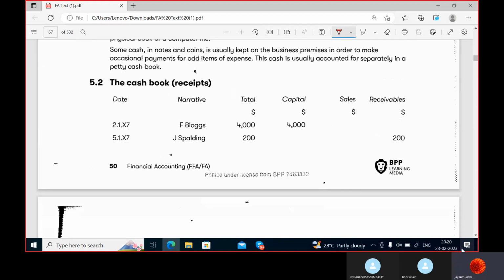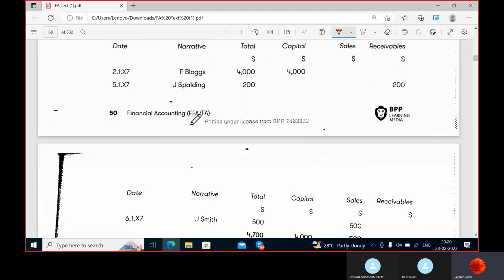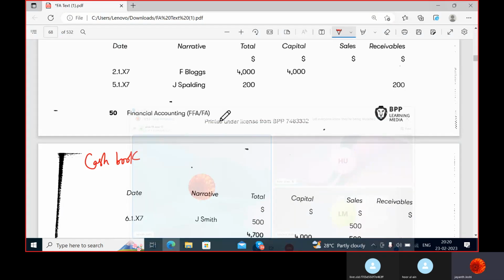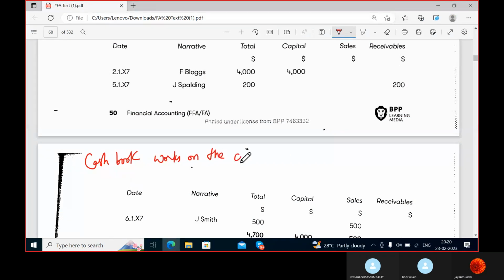So now I'll write a statement for cash book. Cash book works on the concept of debit all receipts, credit all payments.